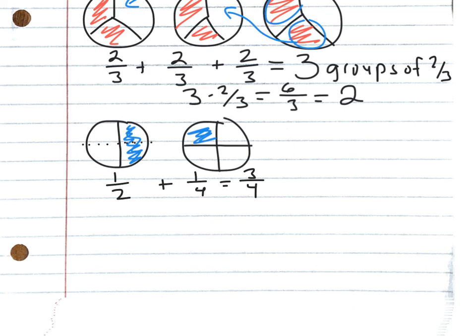In this case, though, there would not be a multiplication sentence because the amount that is being added is different both times. So there isn't a common amount. There isn't multiple groups of the same quantity. So we wouldn't actually use multiplication in this situation.